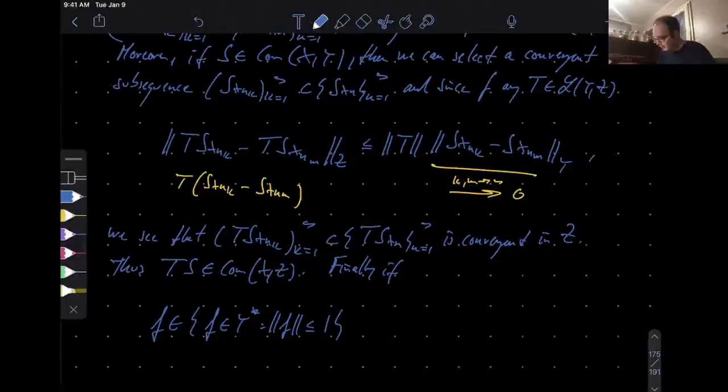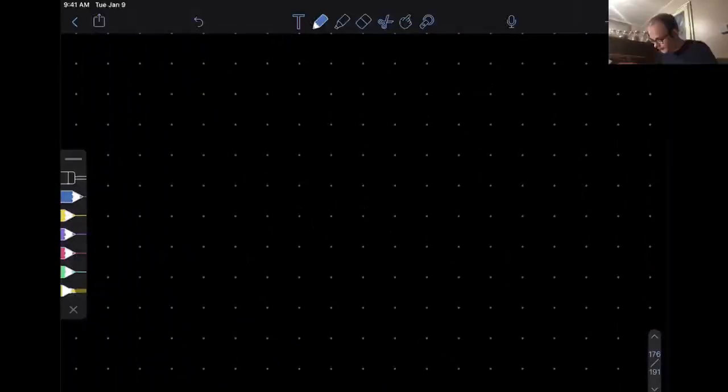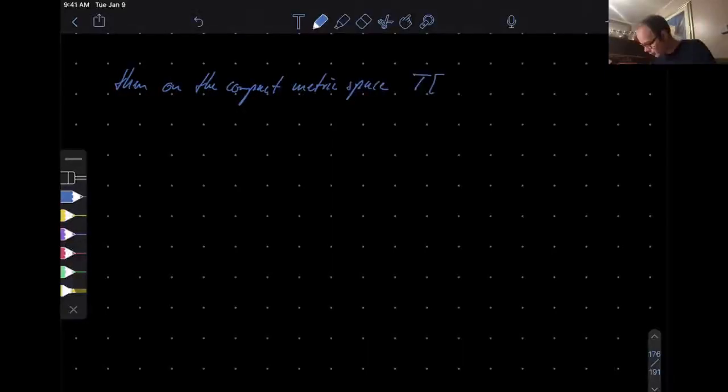Okay. So finally, if this is chosen, then on the compact metric space, remember I said I assume that T is a compact linear transformation, T(B_1), and that simply means that this is a compact subset, but it's itself a metric space, right? This is a closed subset of Y, so it is certainly a metric space.